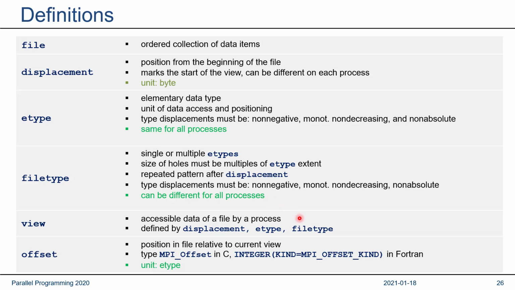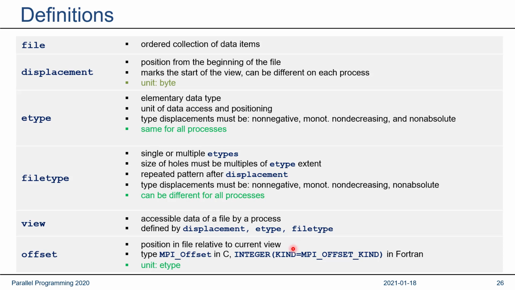The view specifies the accessible data of a file by a process, and it's defined by this 3-tuple: displacement, E-type, and file type. Offsets, if you need to specify them, and we'll come to that in a minute, are positions in the file relative to the current view. So an offset is always something that's only valid as seen from a current view.